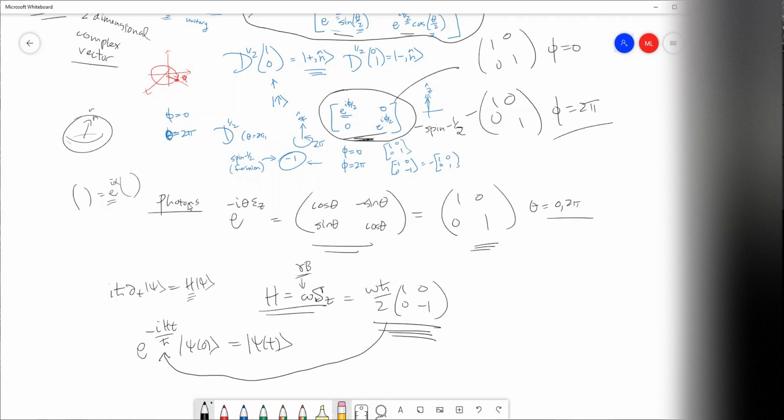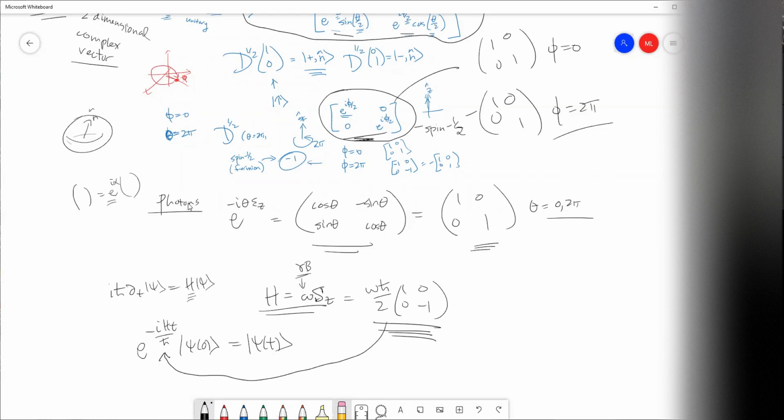But it's nothing new here in terms of the physics. You can use this H in your Schrodinger equation to figure out how a spin 1/2 particle evolves in time, the quantum mechanical evolution. But yeah, you can read about that in the notes.